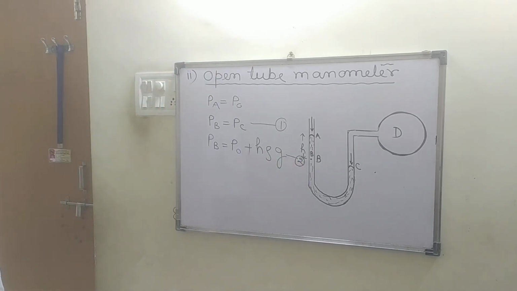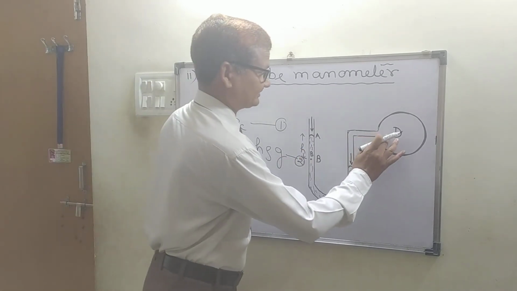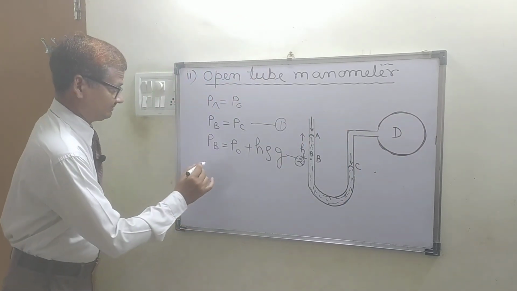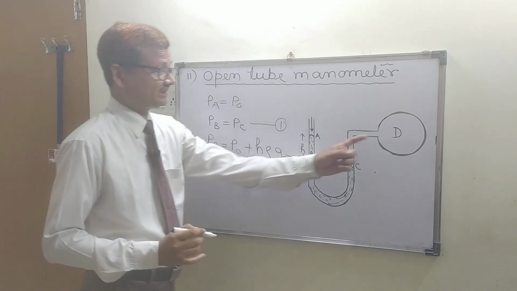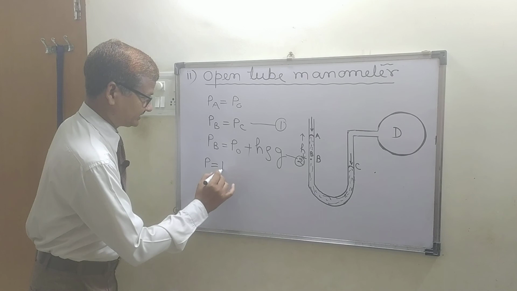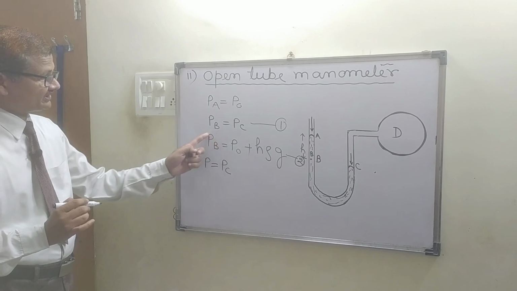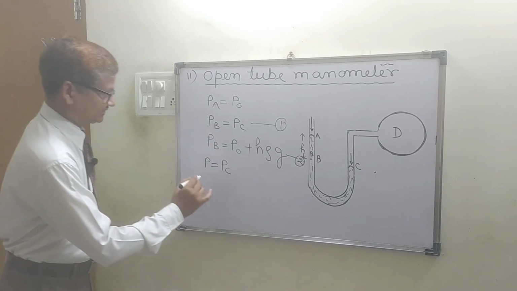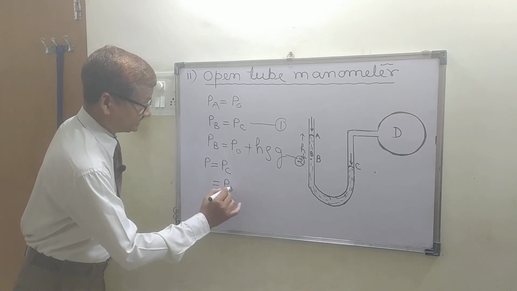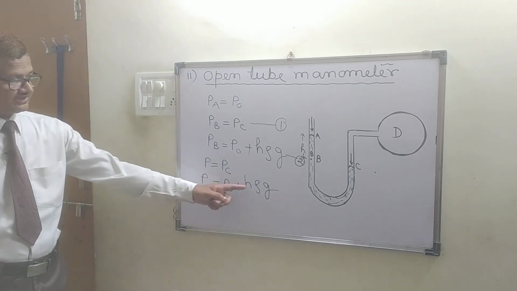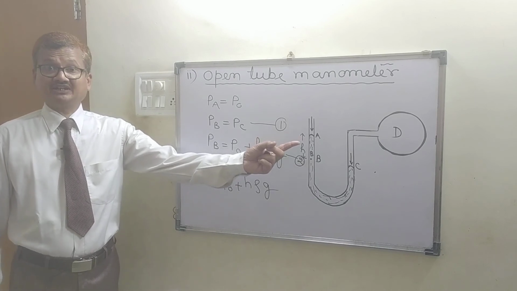By using these two equations: the pressure here is P inside this container, and this pressure is equal to the pressure at C. You know that pressure at B is equal to pressure at C. Therefore P is equal to P0 plus h rho g, where P is the pressure of the gas inside the container.